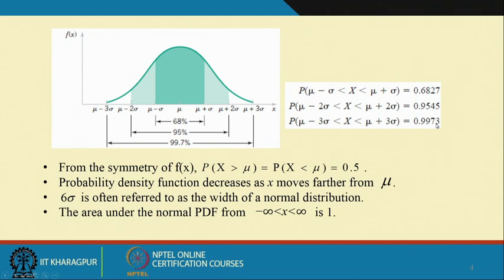In other words, we can say approximately 68% of observations fall within mu plus minus 1 sigma, approximately 95% of observations fall within mu plus minus 2 sigma, and effectively 99.7% of observations fall within mu plus minus 3 sigma.